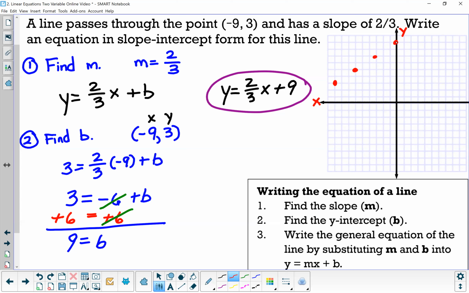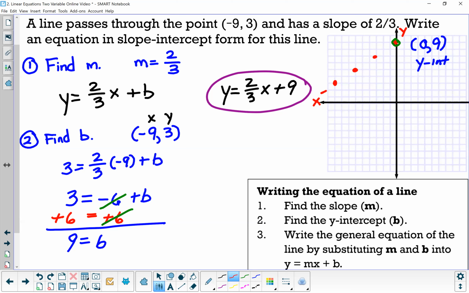There's my y-intercept right here. That point is 0 for our x value and 9 for our y value. There's our y-intercept.